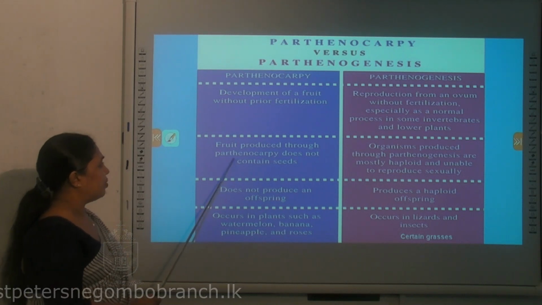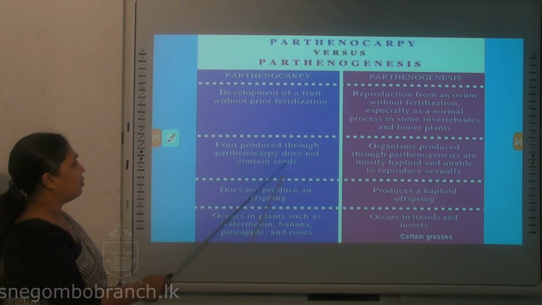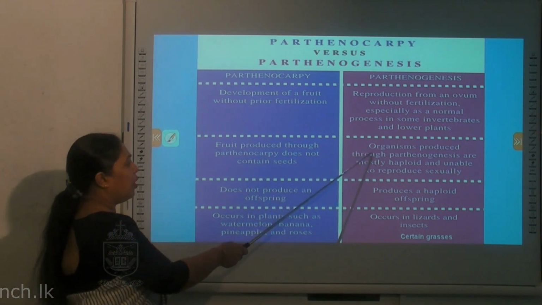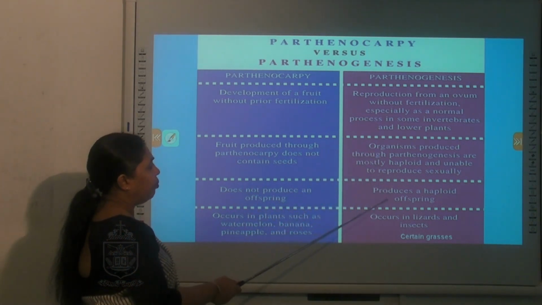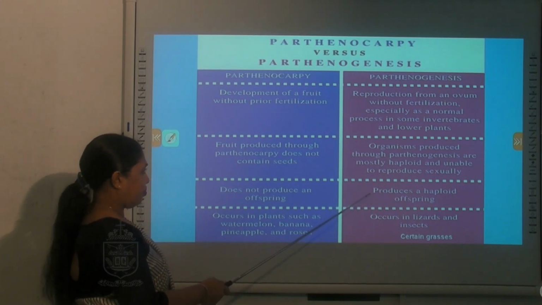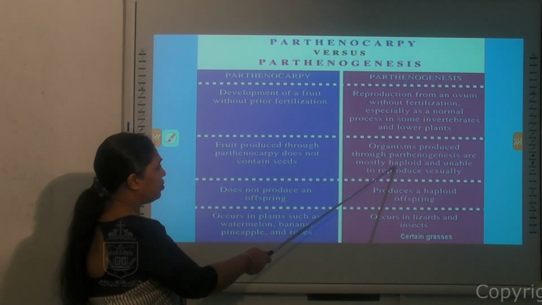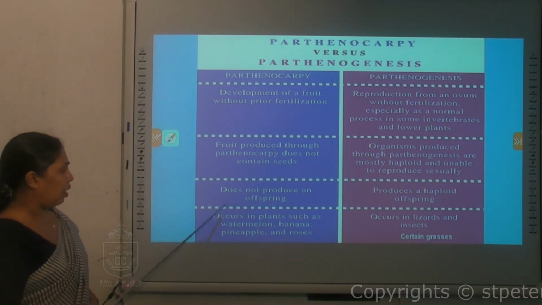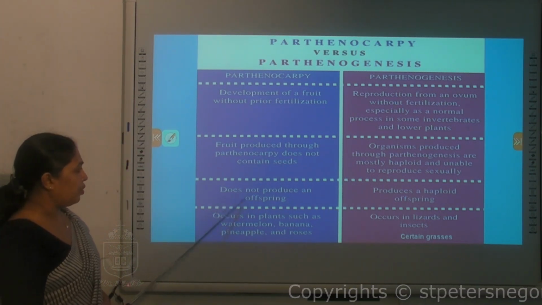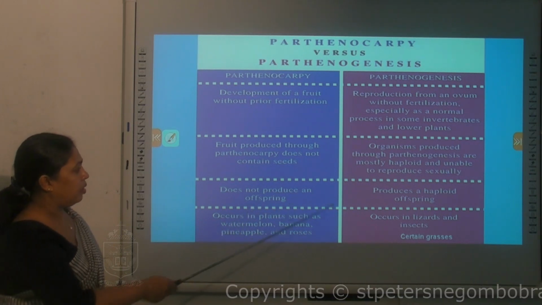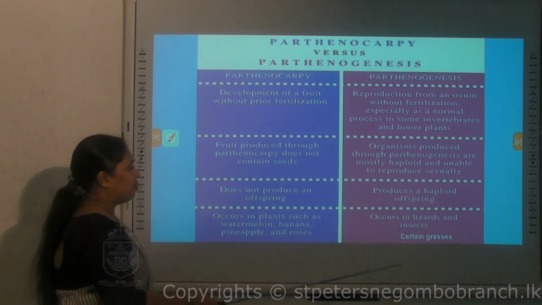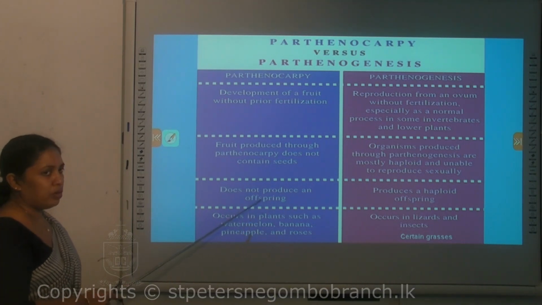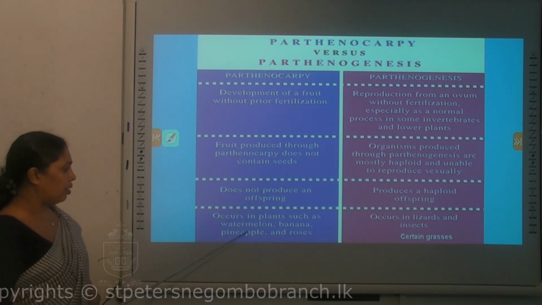And fruits produced through Parthenocarpy do not contain seeds. Here the organisms, which may be plant or animal, may be haploid usually, and they can't reproduce successfully. Here a haploid offspring is produced. Here only the root is produced. No plants are produced here.